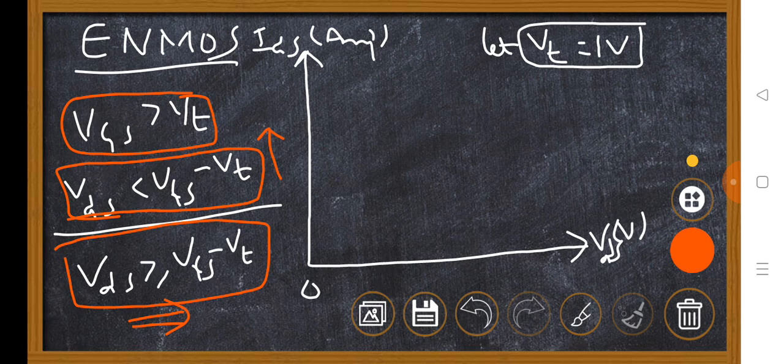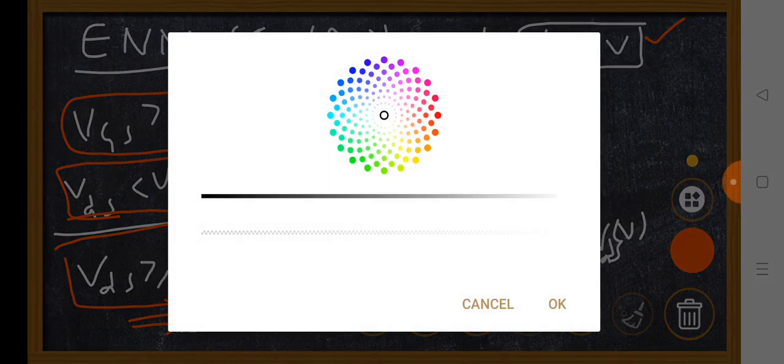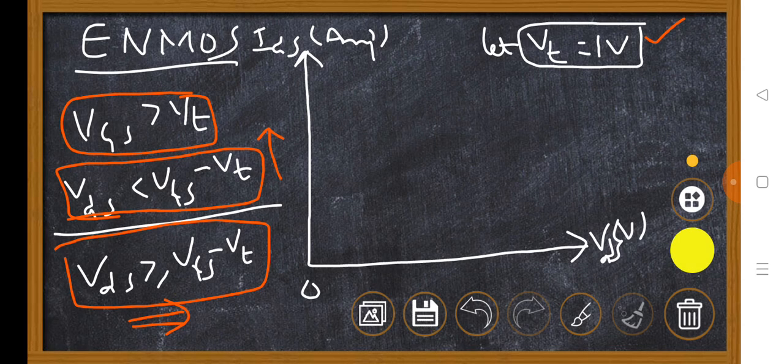That is saturation region. Now let us assume that the threshold voltage of this MOS transistor is 1 volt. That means definitely if you want to have a channel, the gate to source voltage must be greater than the threshold voltage. Therefore let us assume that the gate to source voltage is 2 volts. Is it clear?